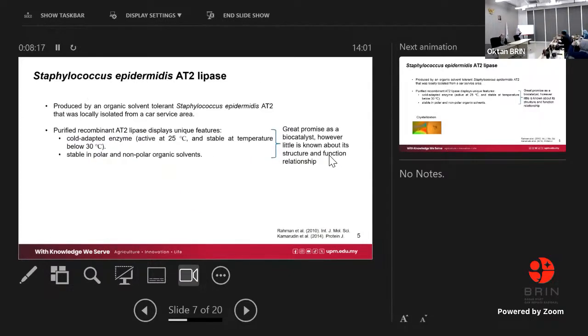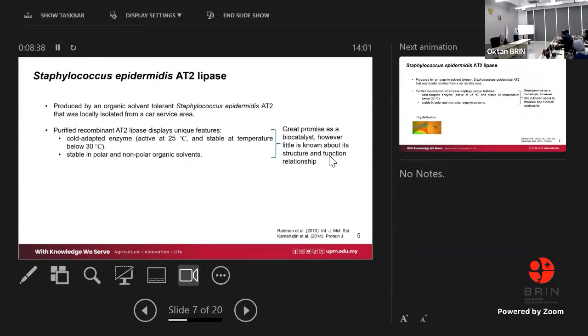Okay, so this is the enzyme that we have been studying: the lipase from Staphylococcus epidermidis 82. This enzyme is produced by an organic solvent tolerant Staphylococcus epidermidis 82 that was locally isolated from a car service area.